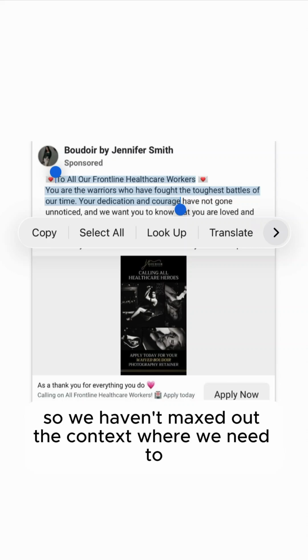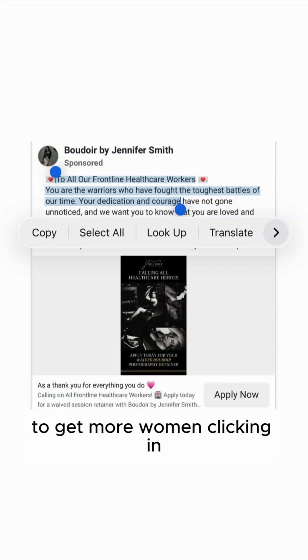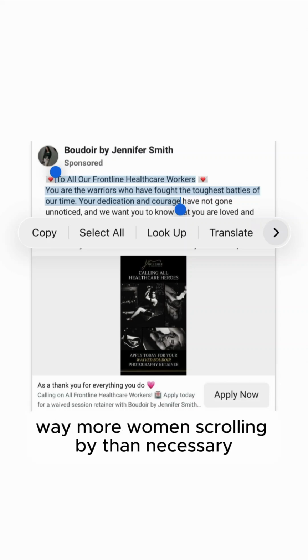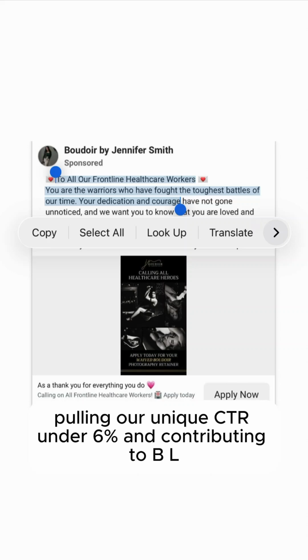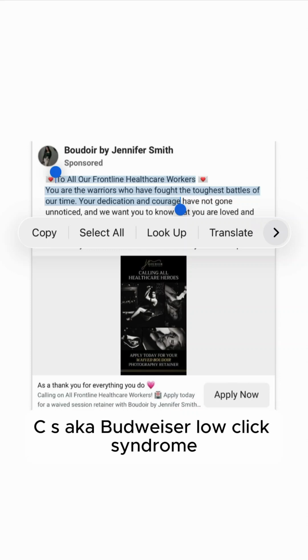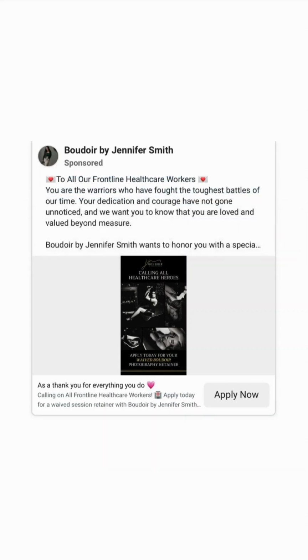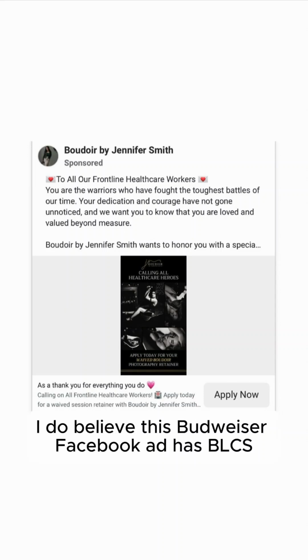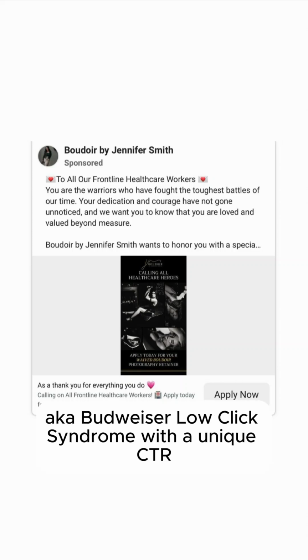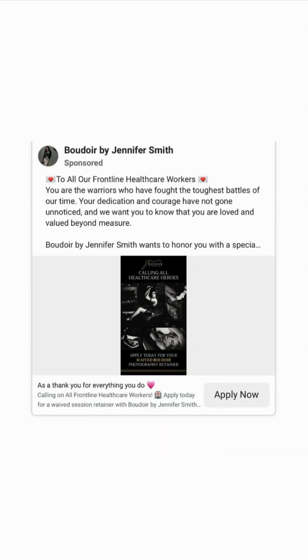So we haven't maxed out the context where we need to get more women clicking in, which means we have way more women scrolling by than necessary, pulling our unique CTR under 6% and contributing to BLCS, aka Boudoir low click syndrome. All right, so after looking at all this, my diagnosis is yes, I do believe this Boudoir Facebook ad has BLCS, aka Boudoir low click syndrome, with a unique CTR under 6%.